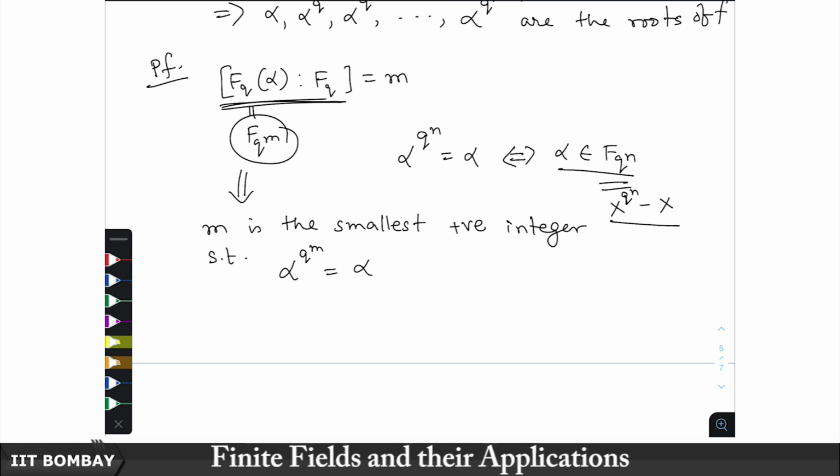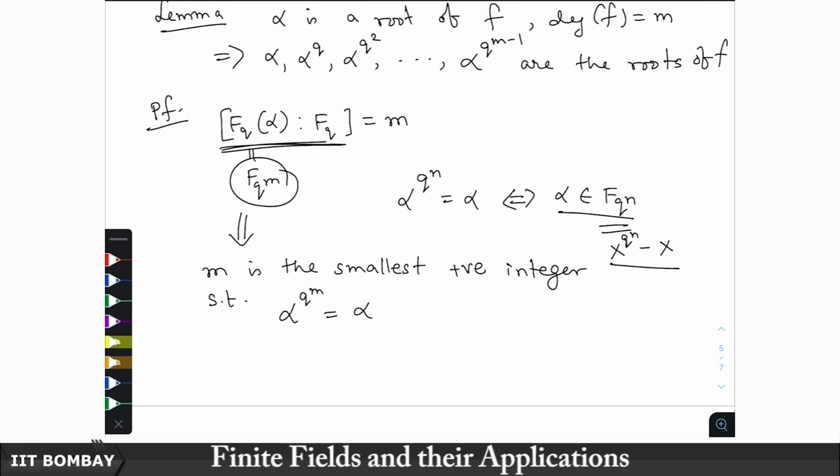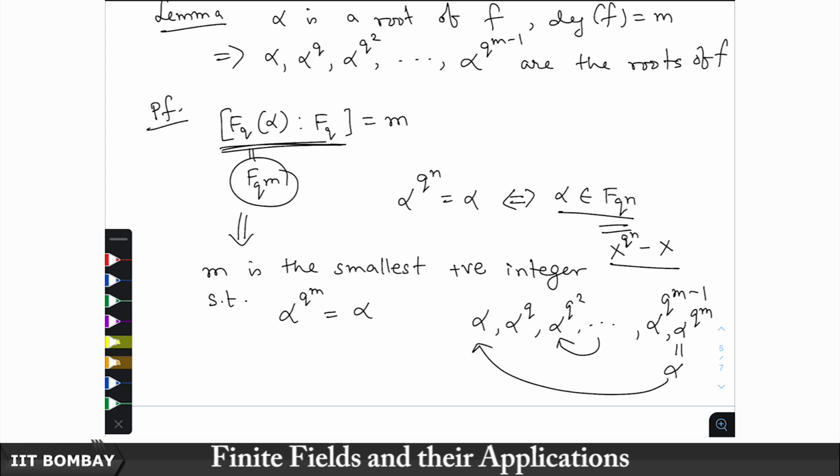Which means that certainly the sequence alpha power q square and so on goes to alpha power q power m minus 1, and then alpha power q power m is the same as alpha; it comes back to alpha. But can it happen that for the first time it comes back to alpha at the mth term, but in between also some terms repeat? Can it happen? Now, we will see that that cannot happen. The first time it comes back somewhere, it will come back to alpha itself.